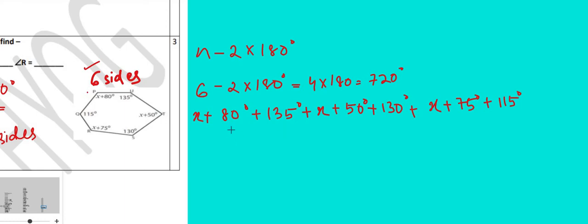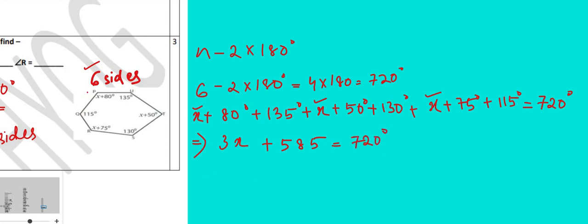Now we'll have to add all of them and we'll get an answer. So there are 3 x's right here, so we have 3x, and after adding all these numbers we get 585.